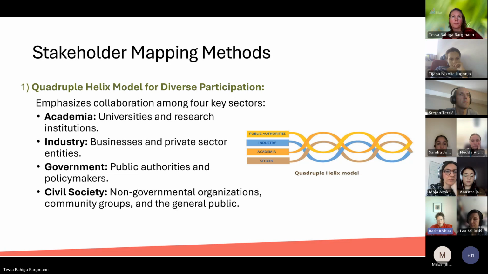It emphasizes collaboration among the 4 key societal sectors, namely academia, so universities and research institutions; industry, that is business and private sector entities; government, public authorities and policymakers on the different spatial scales; and actors from civil society, so non-governmental organizations, community groups, or also the general public.